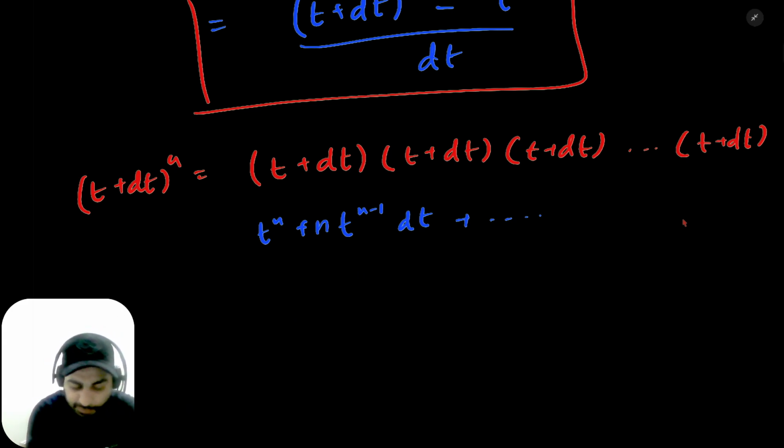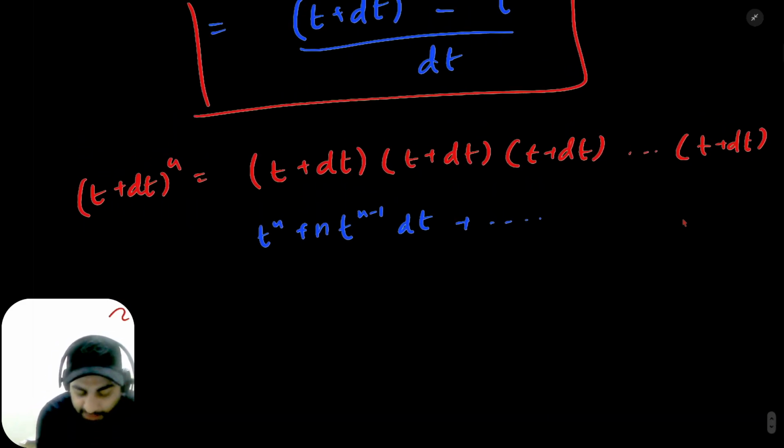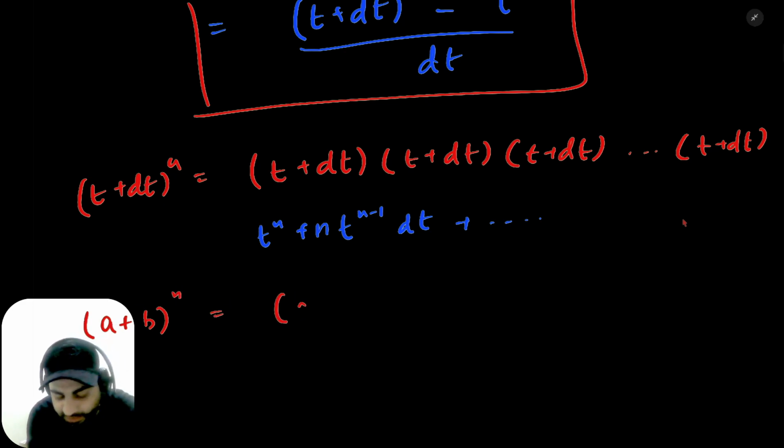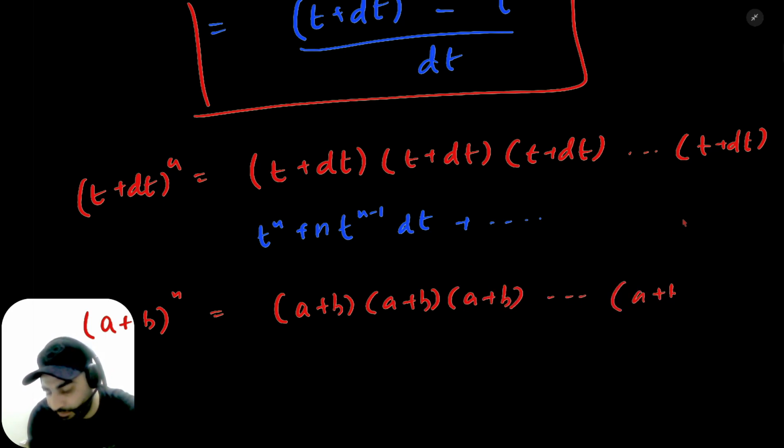If I want to expand a plus b whole power n, this is basically a plus b multiplied by a plus b multiplied by a plus b and so on, n times. Because if I have to multiply, I'll take one term from each bracket and keep on multiplying.